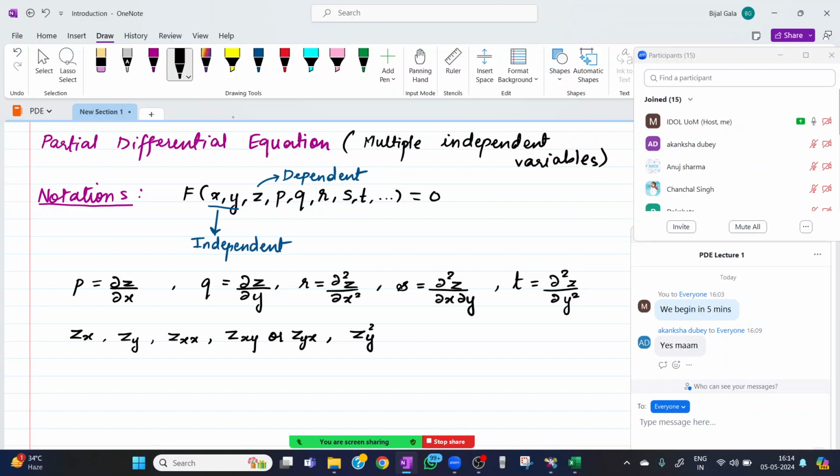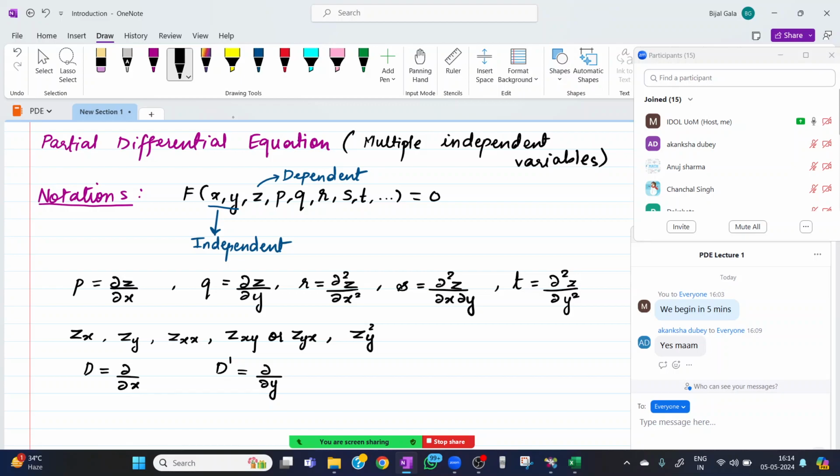Also, you will come across the notation capital D, which is used for del by del x, and capital D dash, which is used for del by del y. So these are the different notations which you will find in different books. The language varies depending on the book, but the only difference is in the notations. These are the different ways it will be represented to you.